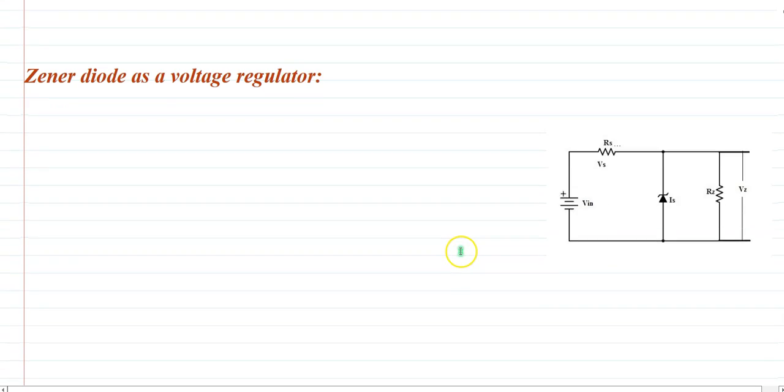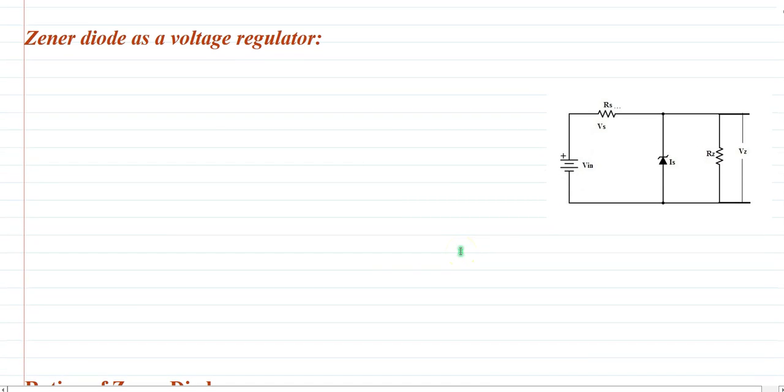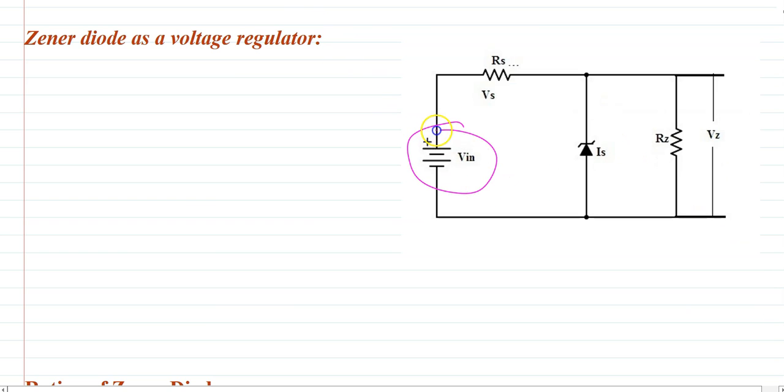Okay, in case of the Zener diode voltage regulator, you can see the circuit diagram here. The input voltage is applied, a resistance Rs is connected in series, and a Zener diode is connected in reverse bias, and the output is across RL, the load resistance, which gives the output voltage, V out. Okay.